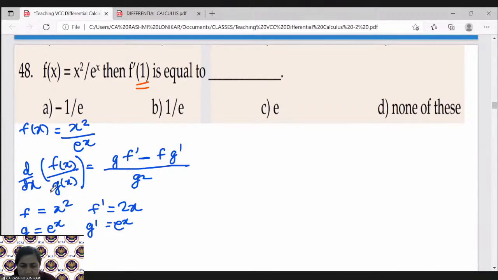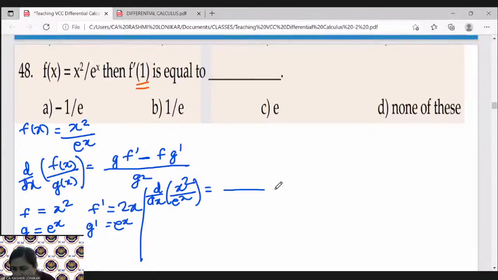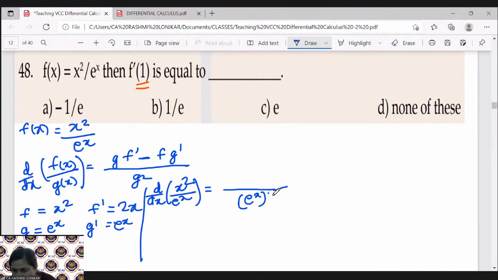Okay. So now d by dx of x square upon e raised to x is equal to second function square, that is e raised to x whole square, second function e raised to x into derivative of first function, that is 2x, minus first function into derivative of second.